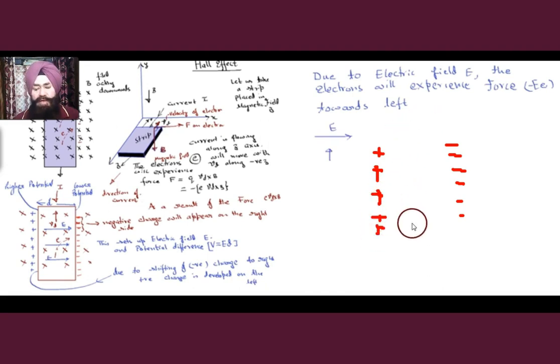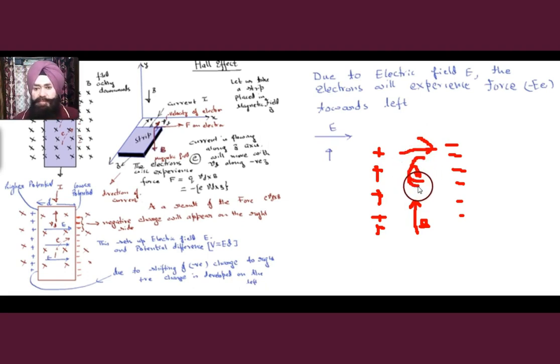Now what happens? More electrons are coming and moving along this side. The electric field is positive to negative.